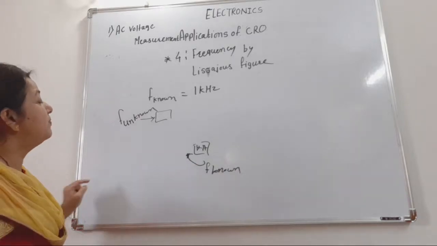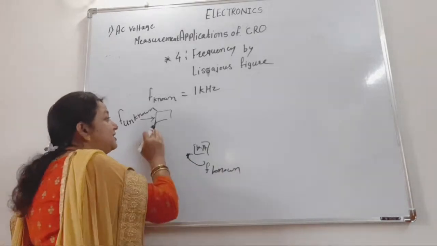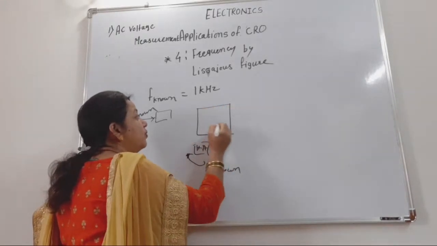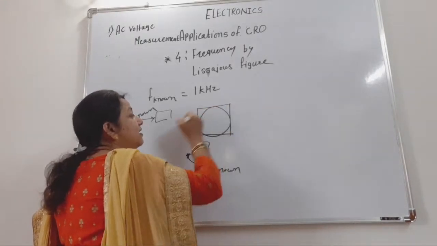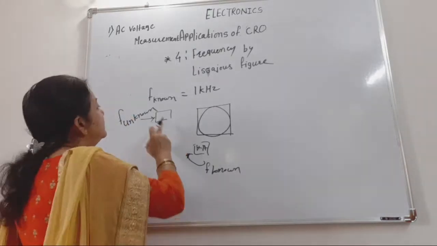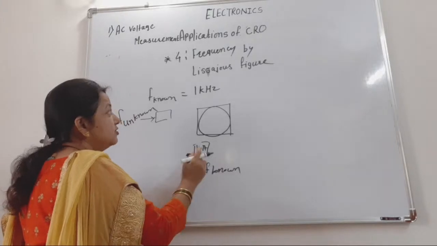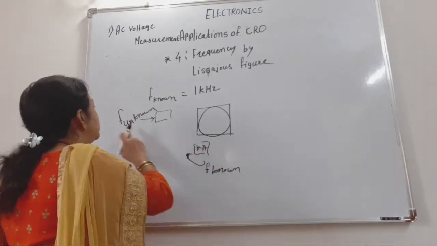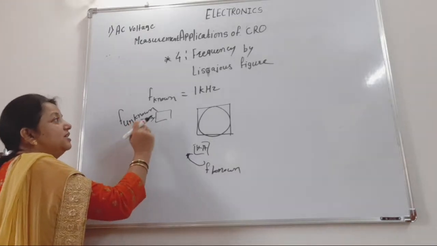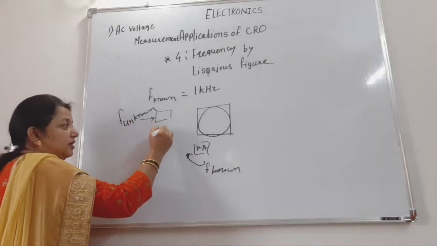So whenever both the signals are applied, if on the screen of the CRO we see a circle, at that time both have the same frequency. Suppose the frequency is 1 kilohertz, then the unknown frequency of this input signal is also 1 kilohertz.